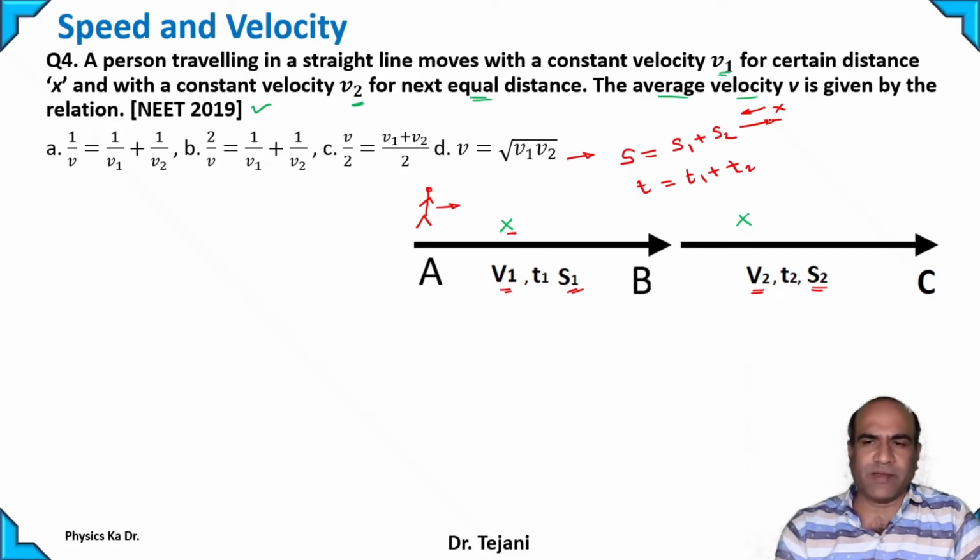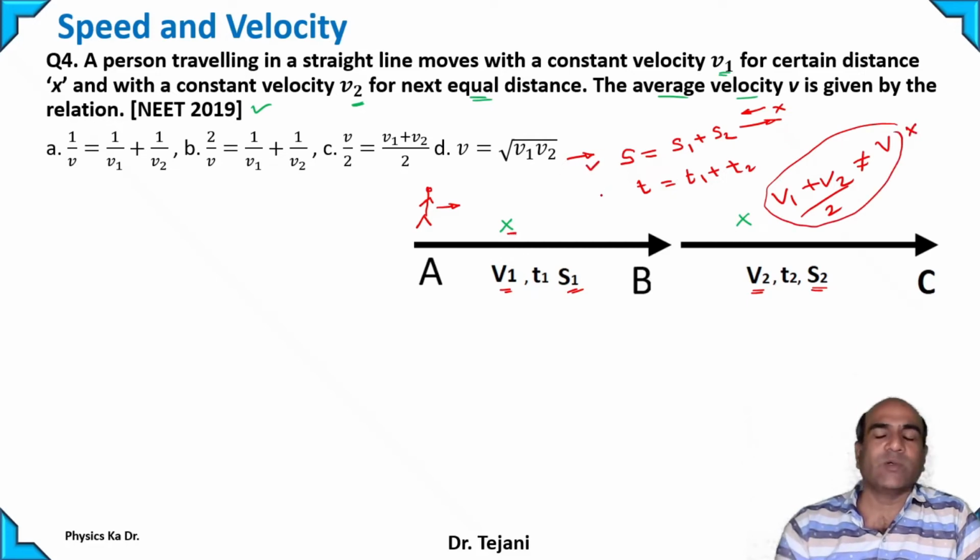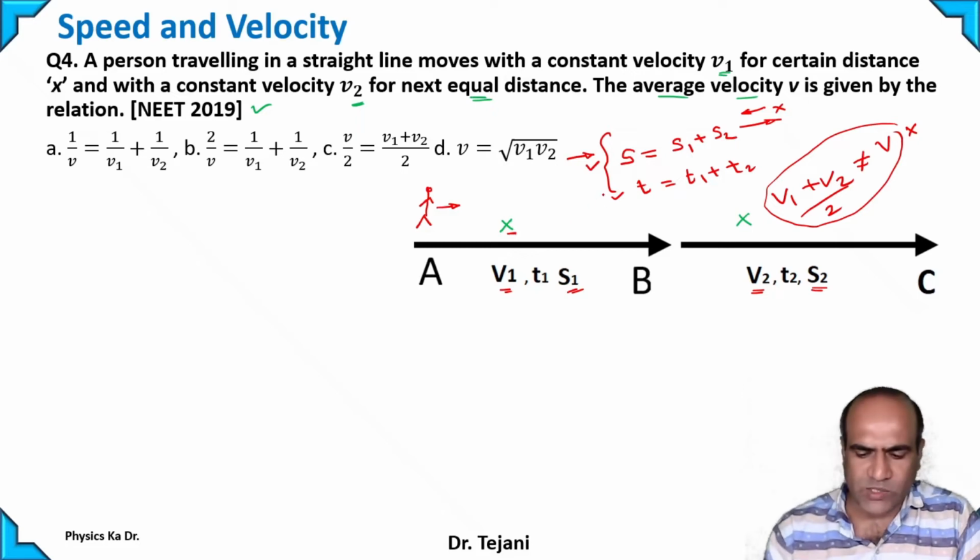For speed, that is fine, but v1 plus v2 is not equal to v, or v1 plus v2 by 2 is also not equal to v in most cases. So don't consider this. Always go with S is equal to S1 plus S2, T is equal to T1 plus T2. Always remember this formula. Here we are just playing within these two formulas only.